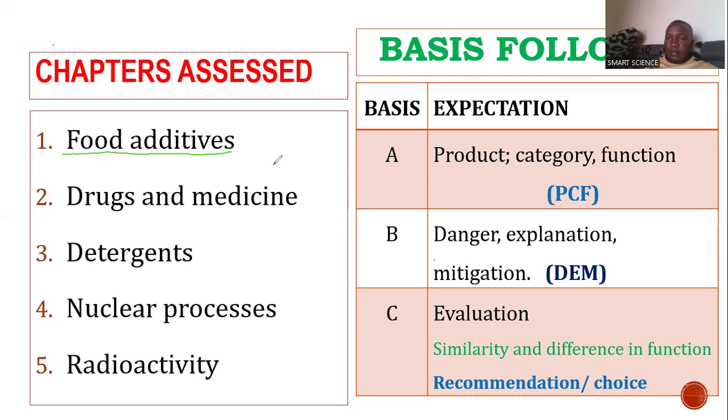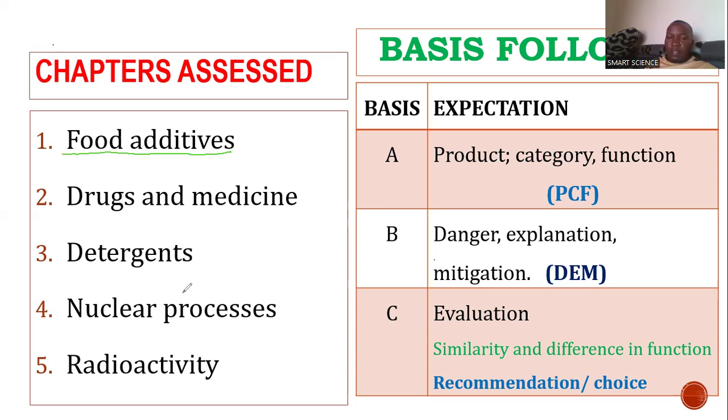makes up our product. Then the category: majority of what we have here, food additives, drugs and medicine, can be categorized in terms of natural or synthetic, and for drugs can be local herbs or modern medicine, depending on how the scenario is set, as we shall be seeing. Then for detergents, the categories are two: soapless or soapy.